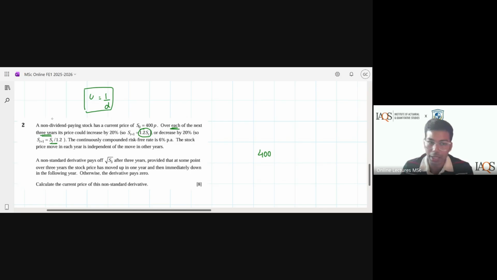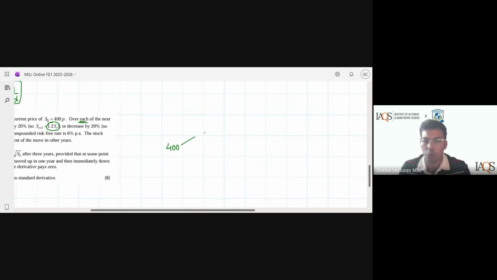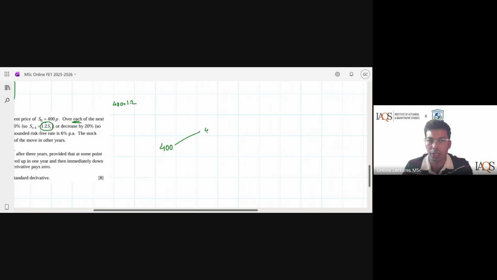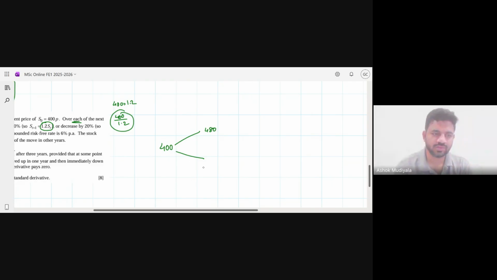So your 400 will go up by 400 into 1.2 because that is the level of increase, which will give you 480. Or it can come down to 400 divided by 1.2. Understood why divided by 1.2? That is 333.333.